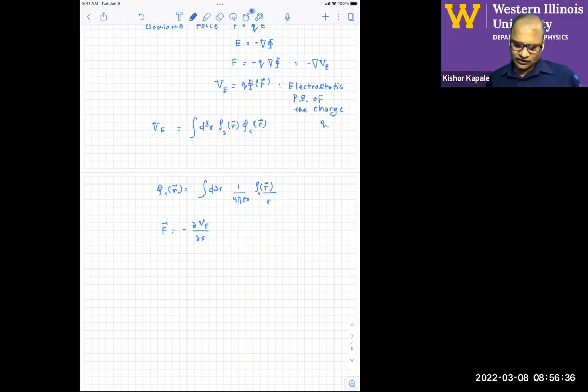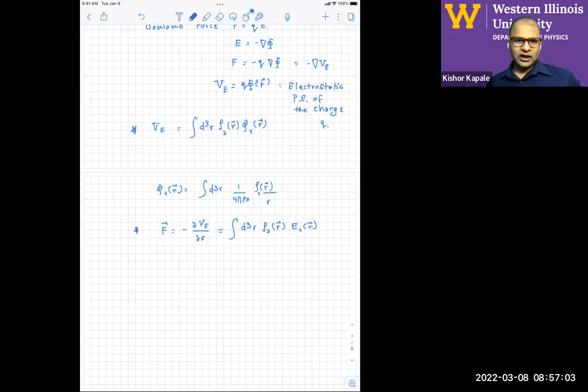Some direction along which you're trying to find the force. Then it's going to be just the integral d³r ρ2 of r E1 of r. So you know these two relations are connected with each other from the obvious relation between E and phi. Any questions anybody has?